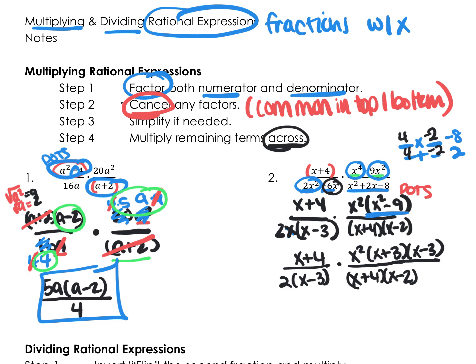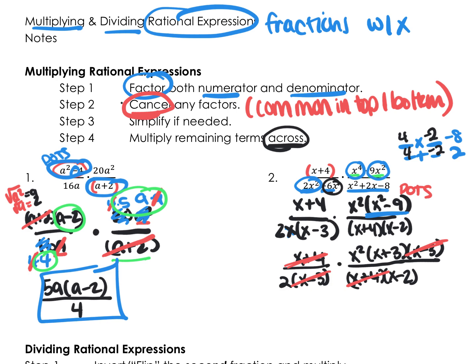So now we can start canceling stuff out. We've got an x minus 3 and an x minus 3 that will cancel. We've got an x plus 4 and an x plus 4 that will cancel. The x plus 3 is not going to cancel with anything. The x minus 2 is not going to cancel with anything. So that's all our common factors. And we can't cancel this x squared with this x, right?